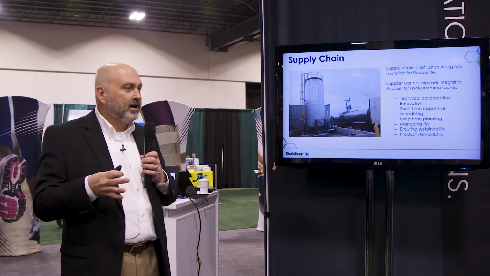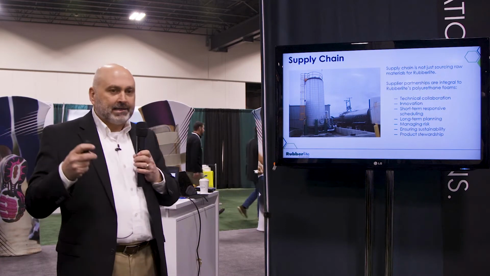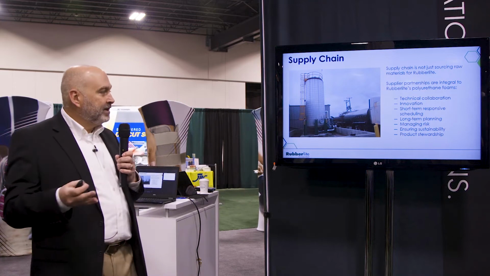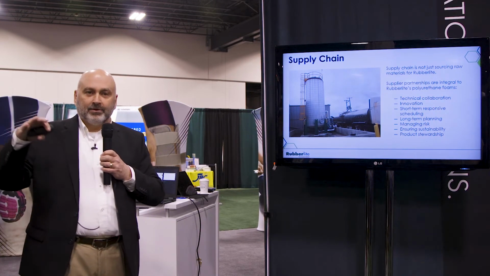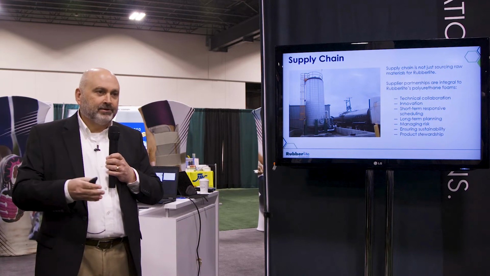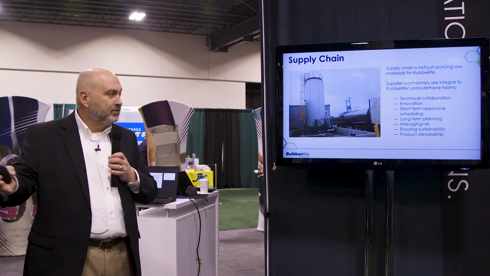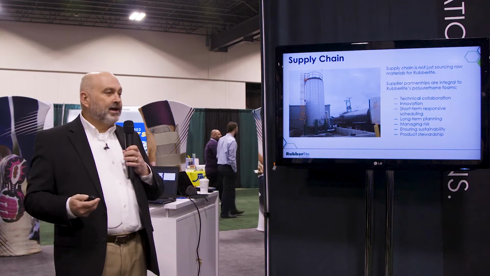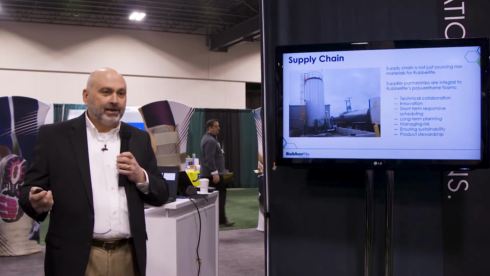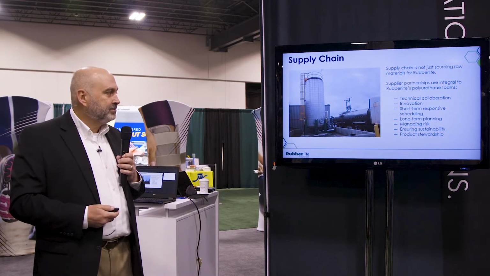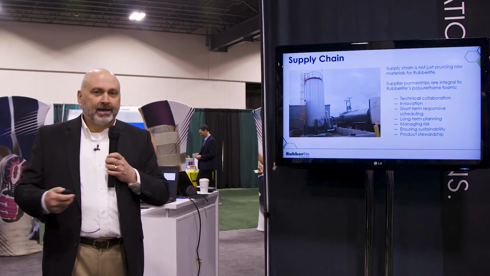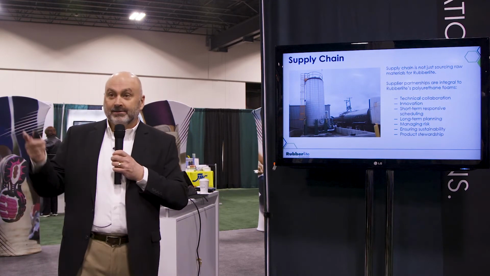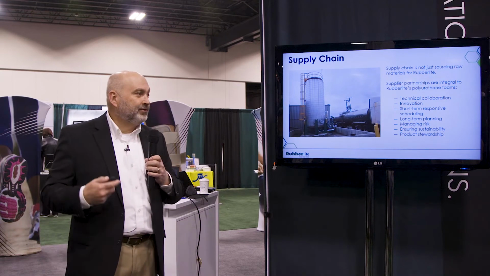We depend on our suppliers for many things: technical collaborations, innovation, really short-term turnaround on delivery of materials and manufacturing of our polymers, and then long-term planning, both strategic and simply supply of materials. And then they help us manage risk to our customers. So I can't say enough about the great thing that the suppliers I see in the audience here do for Rubberlite.